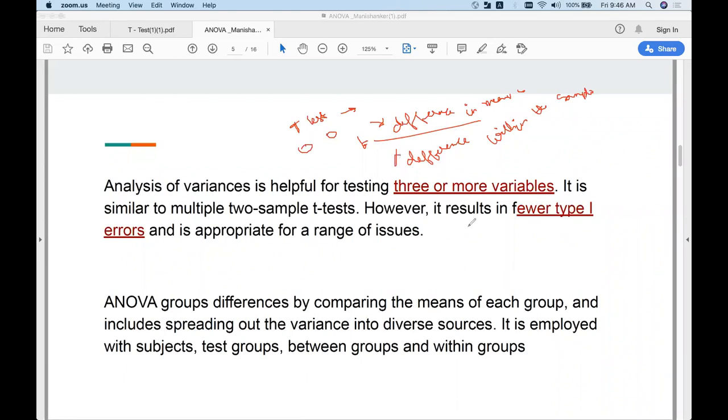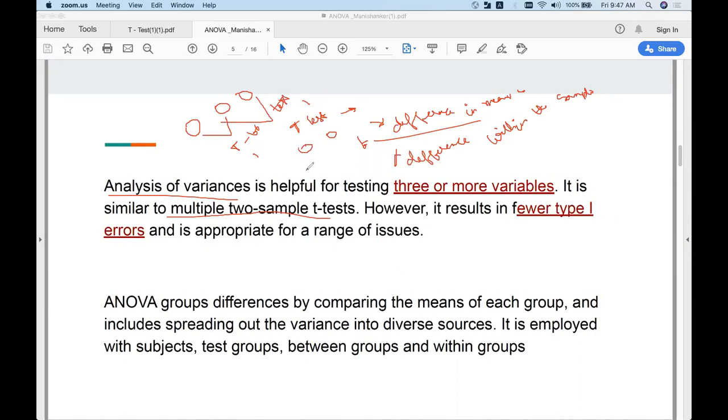Now here you have multiple groups. So here you have sample 1, sample 2 and sample 3, right? So if you have three or more, that's basically your ANOVA. ANOVA is basically similar to multiple two-sample t-tests. This is t-test 1, and I'm doing one more t-test, and another.